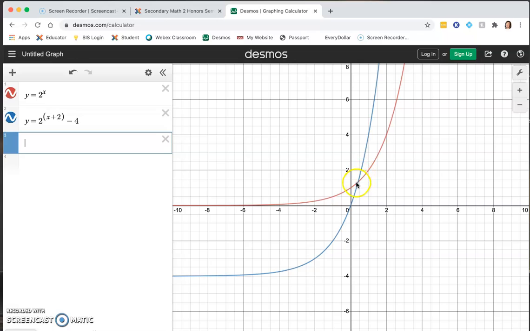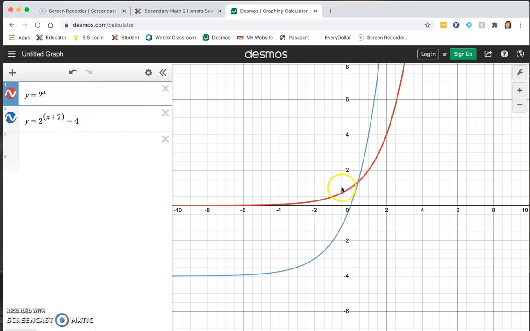Sometimes it's a little tricky, and you're like, well, where did this go? So let's take our point right here that was 0, 1. If we look at our translation, this is a plus 2, which means we had to subtract a negative. So h is negative 2, so we go to the left 2, 1, 2, and k is negative 4, so we go down 4.